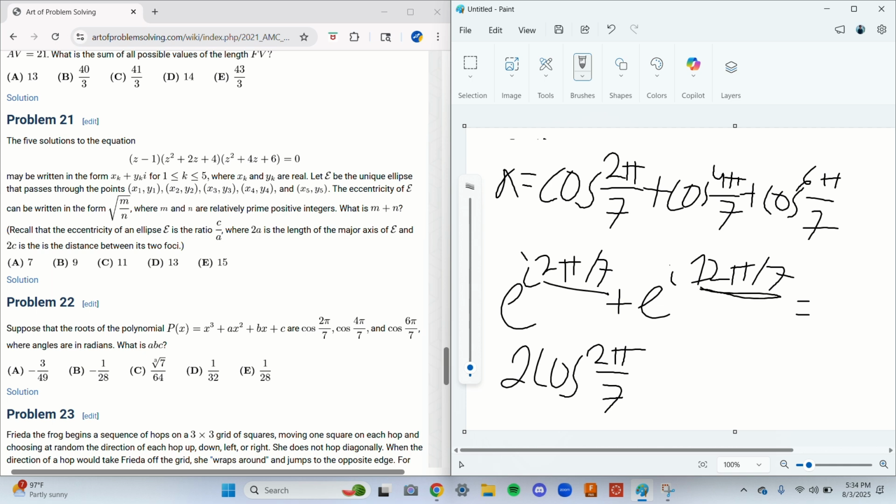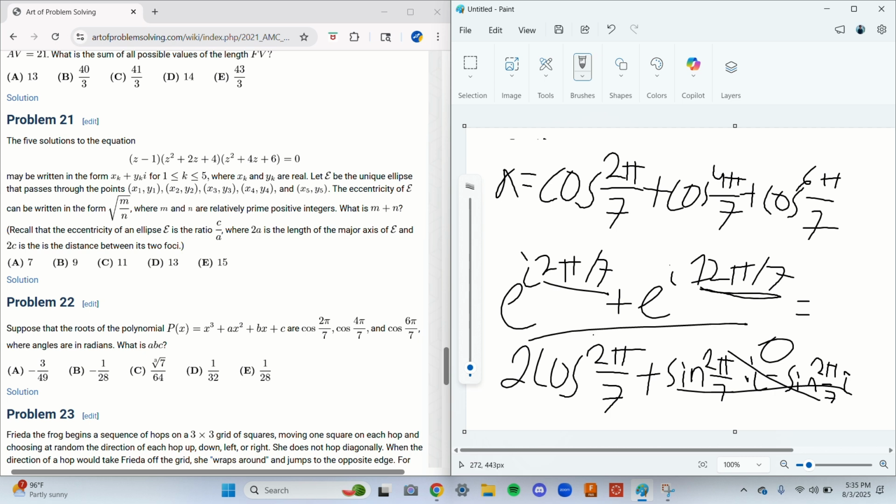So plus sine of 2 pi over 7 times i minus sine of 2 pi over 7 times i. So this is just 2 cosine 2 pi over 7, and those terms are irrelevant, they make 0. So this is really useful now: every pair that adds up to 2 pi will sum to 2 cosine of that angle.